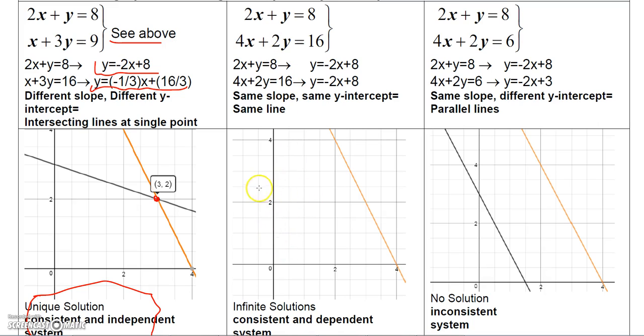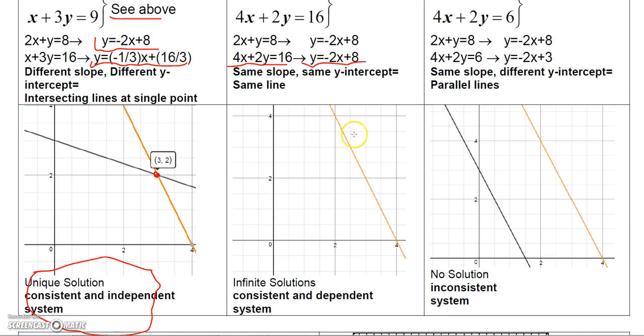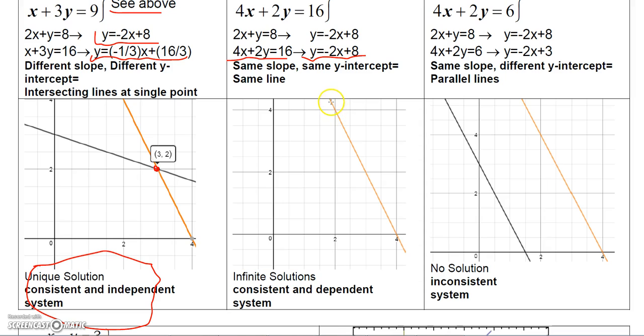And then you could use the slope, and you would go down 2 over 1, down 2 over 1, and so forth. And then you would get more points, and you draw the line through the points. Well, it turns out that the second equation, if you solve it for y, you get the same equation. So it would be the same line. So since these two equations represent the same line, then every point on this line here would be a solution.